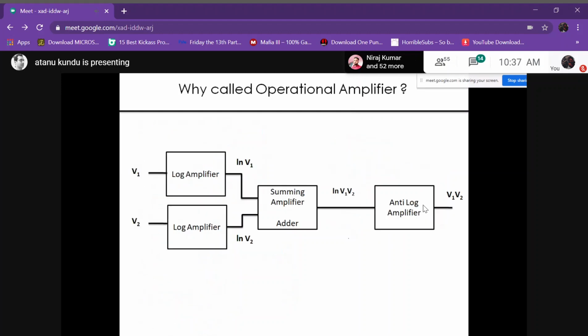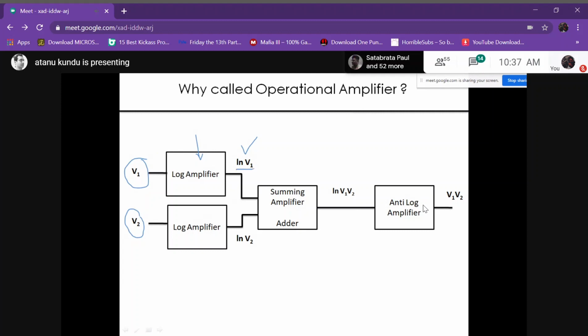And if you can perform log, then you can perform anything. Suppose the voltages are V1 and V2. After taking log, what will be the output? Say this is the log amplifier. This is a block diagram; we'll design the actual circuit later on.